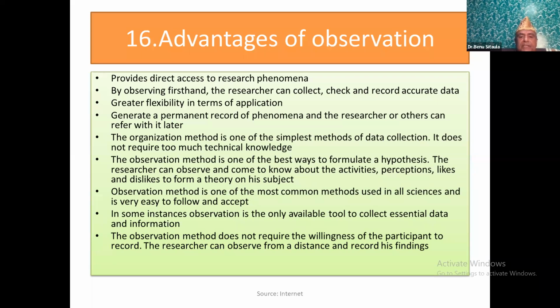Similarly, the observation method is one of the most common methods used in all sciences, easy to follow and accept. In some instances, observation is the only available tool to collect essential data and information, because other tools are uncommon in some cases.